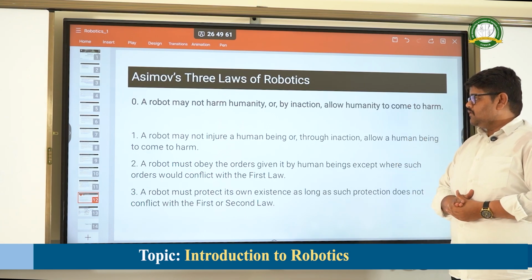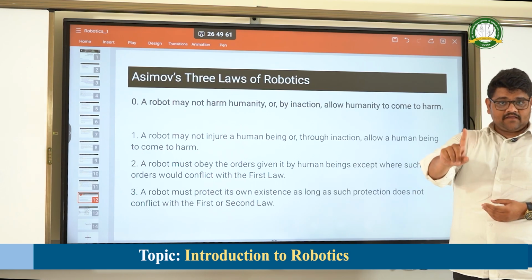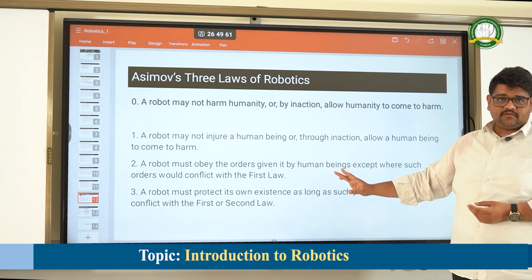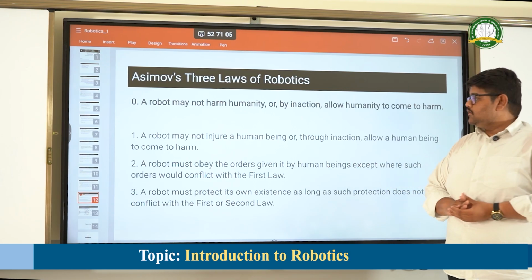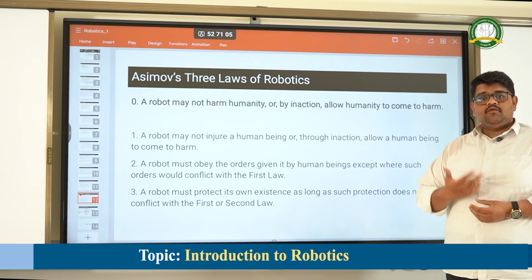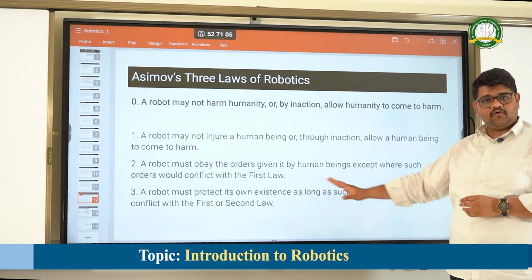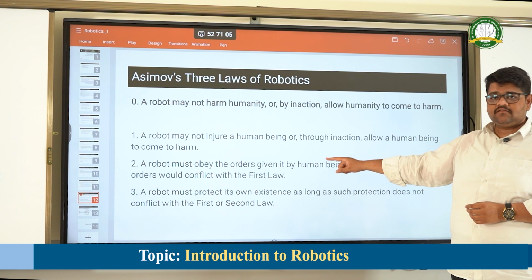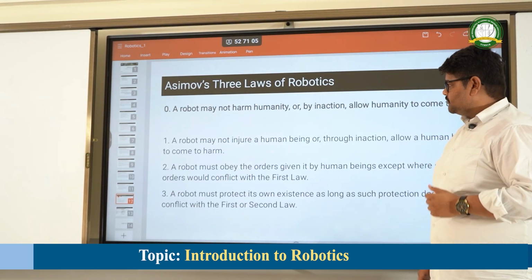Second law: robots must obey the orders given by human beings as long as those orders do not conflict with the very first law. Third law: a robot must protect its own existence as long as it doesn't conflict with the first and the second law. We will first explain the second law.